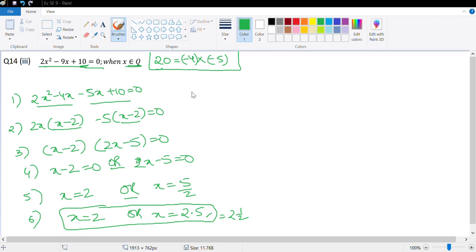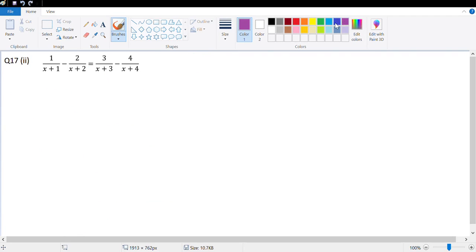The next one that we are doing is question number 17, part 2, which is 1 upon x plus 1 minus 2 upon x plus 2 is equal to 3 upon x plus 3 minus 4 upon x plus 4. Okay, let's solve this. So if I take the LCM I get x plus 1 times x plus 2.